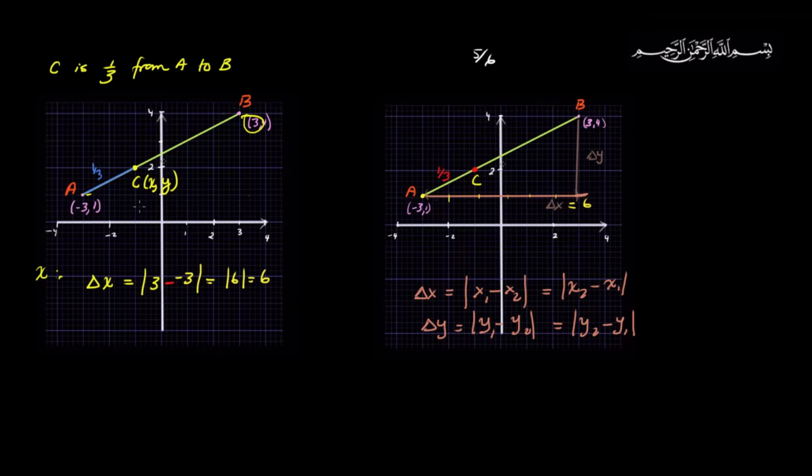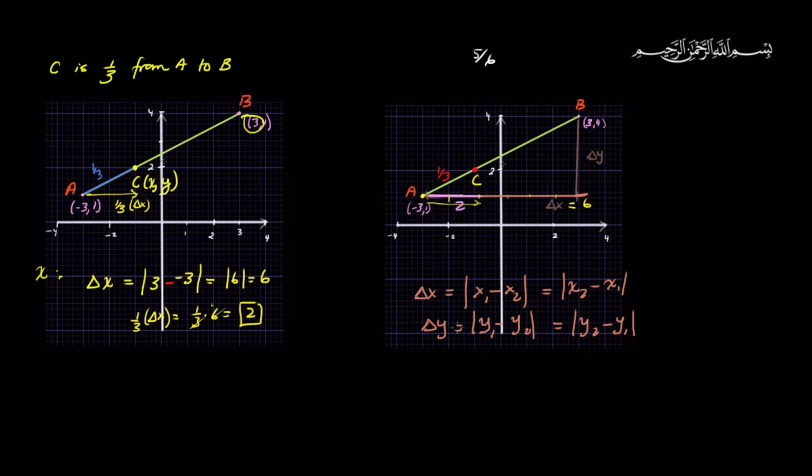Now, to find the x value over here, I only need to take 1/3 of that distance, 1/3 of the change in x, because I'm only going 1/3 of the way to that gas station. So 1/3 times 6 simplifies to 2. In other words, 1/3 of the whole distance is just 2 units from here to here.